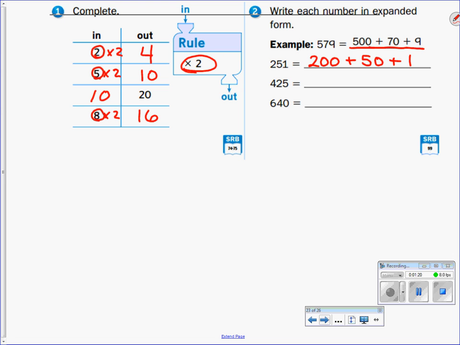Okay, for 425, I would have 400 plus 20 plus 5. And 640 would be 600 plus 40 plus 0. And I like to fill in that 0 with a 0 there so that you know that you don't have any ones.